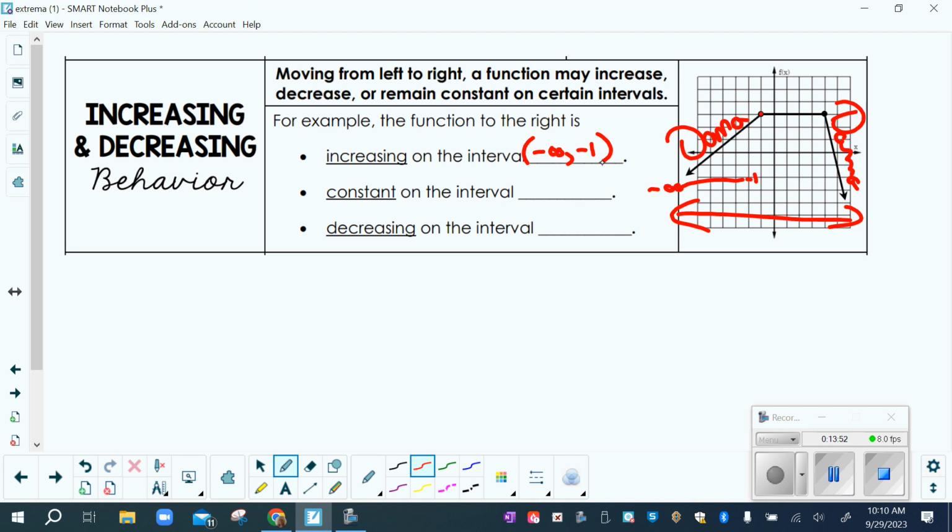Parentheses. Do I have to worry about up and down? Nope. Side to side, my graph is solid from here to here. It's nice and flat. It's constant. So from negative 1 all the way to 4. Again, I don't have to use a bracket because it's included. And then finally, it's going down from 4 all the way to infinity.